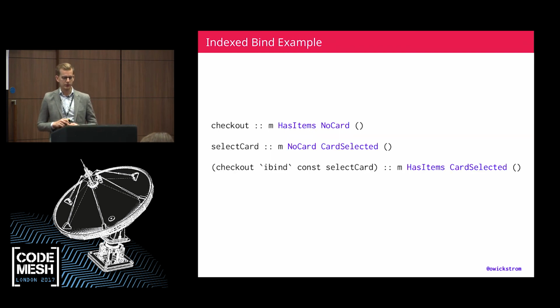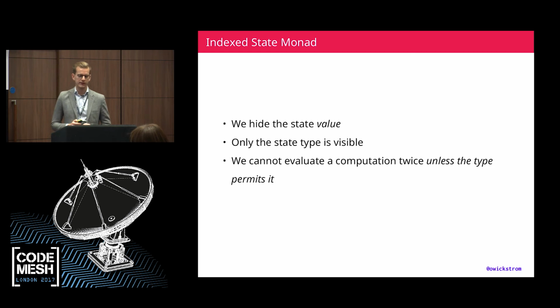And in the last example here, we use two of our transitions from the checkout example. So we have checkout and select card. And if we bind those together, we get one big transition from has items to card selected. So we hide the state value, and only the state type is visible in this indexed monadic value. And we cannot evaluate these computations twice unless the type permits it and kind of lines up.